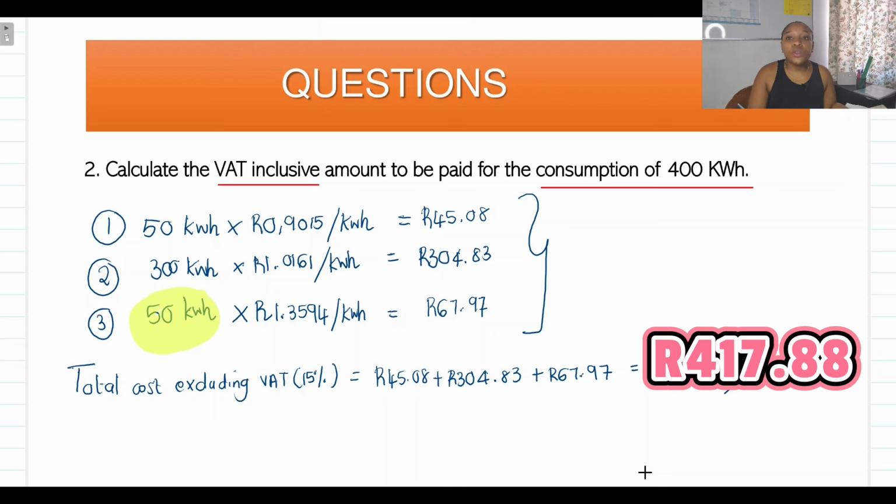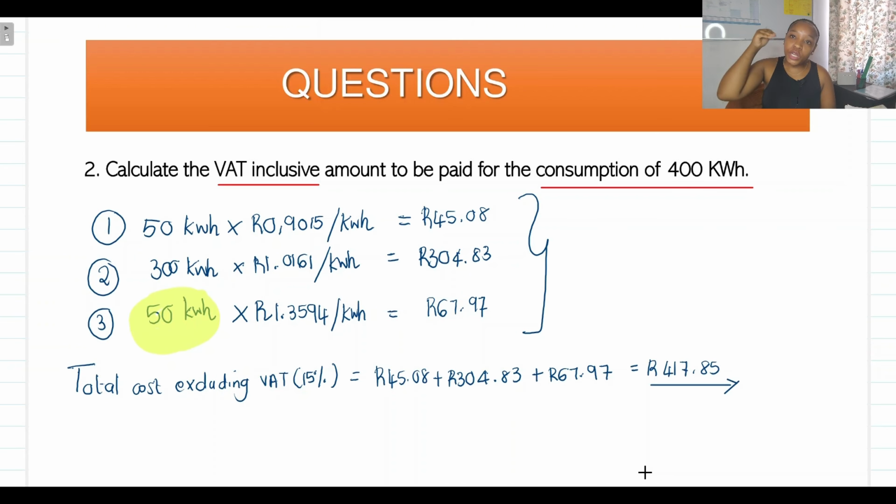However, guys, we are not done. We need to get what the total cost is going to be, including VAT. So now we need to include that 15% VAT. Remember, guys, I gave you this amazing method that you need to remember, which says that the amount including VAT is equal to 115%.